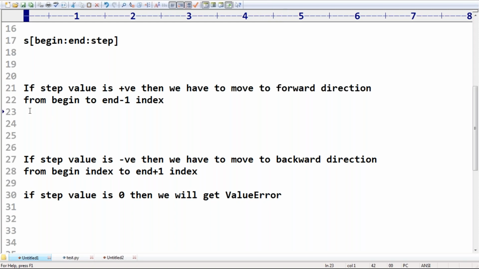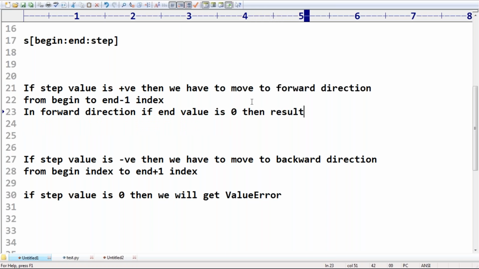Next, there is one small point, sir. You people should be aware of these points clearly. In the forward direction, if the end value is 0, then the result is always empty.